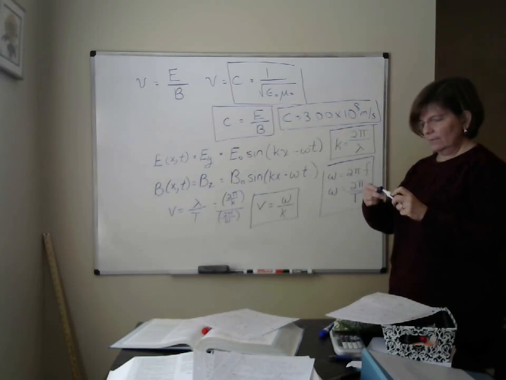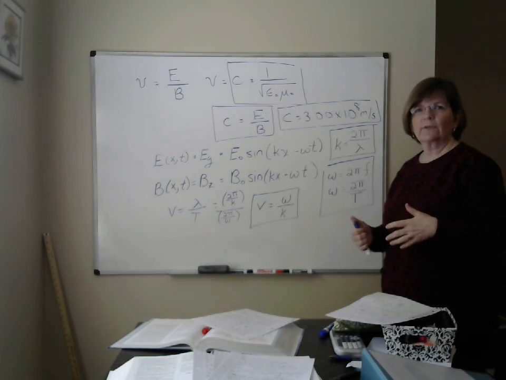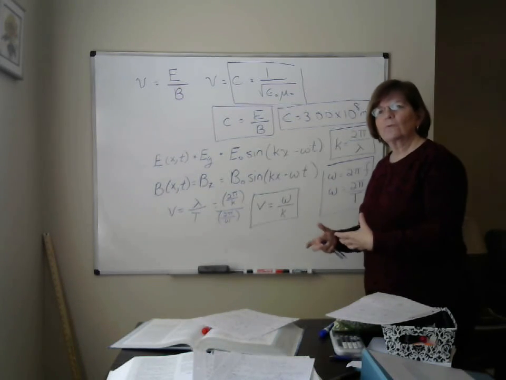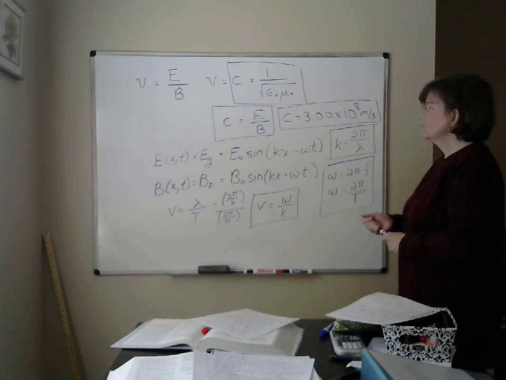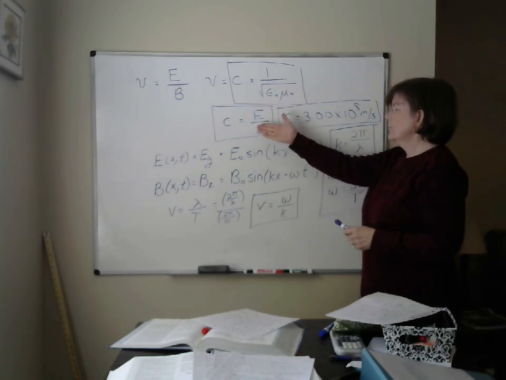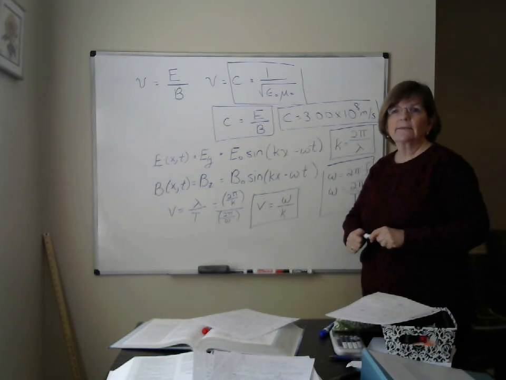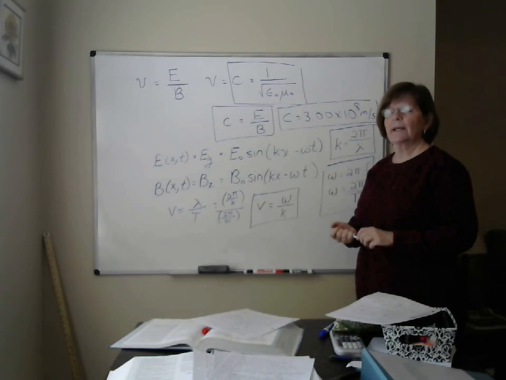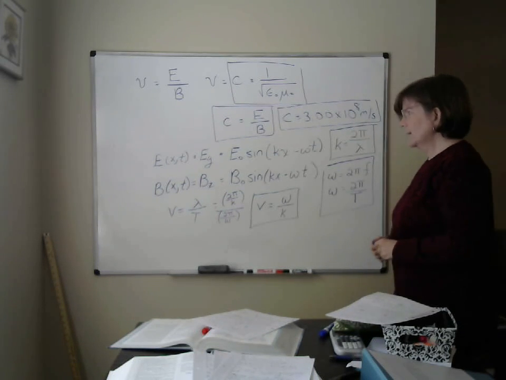So that was one of the big outcomes: if Maxwell's equations are right, then electromagnetic waves should travel at this speed, which coincidentally, when measured, turned out to be the speed of light. And so we understood for the first time, really, that light was an electromagnetic wave.